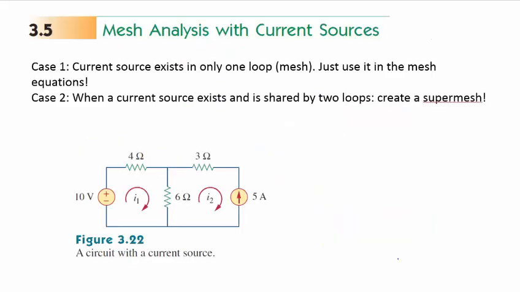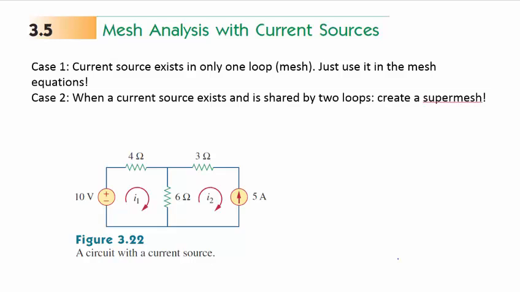So we had a special case when we were doing nodal analysis when there were voltage sources involved. Similarly, now we're doing mesh or loop analysis, and there's a special case when there's a current source involved, because you don't know the voltage across a current source.